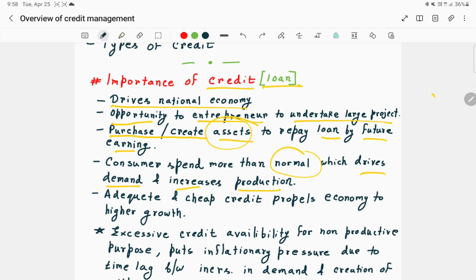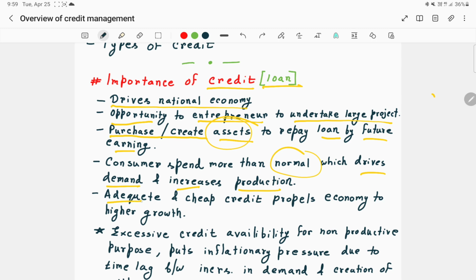For example, many of the people right now take credit to buy iPhones or gaming consoles or cars, etc. And as a result, the manufacturing companies increase their production for the demand, right? So that is what this is meant by.